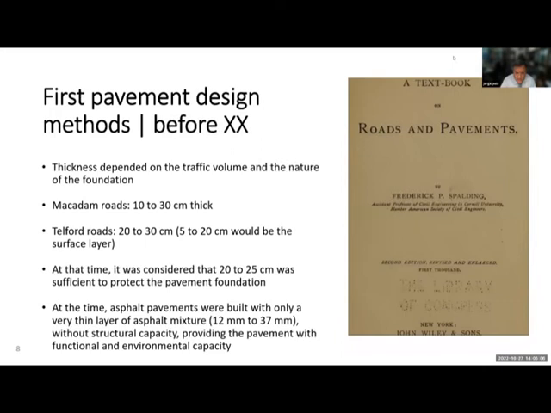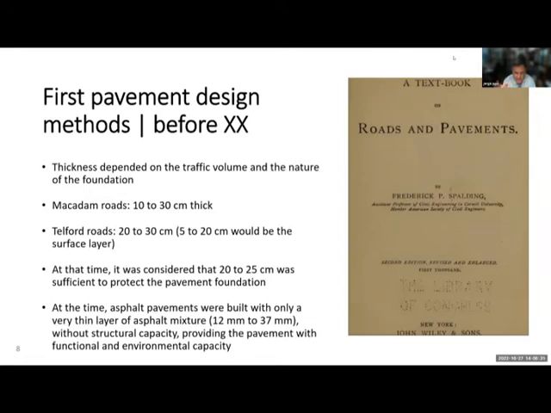At the beginning of the last century, the design of pavements was based on an empirical approach, and the thickness of road pavements ranged from 10 to 30 centimeters.